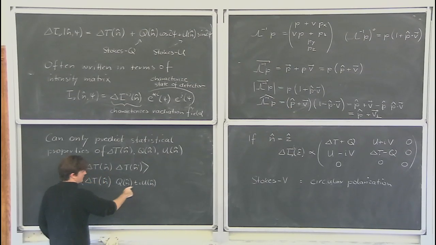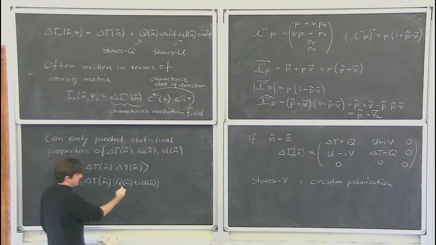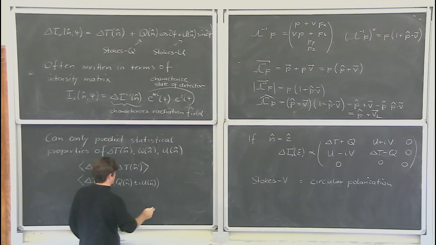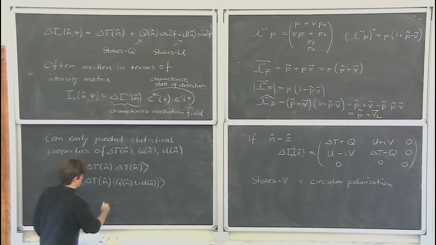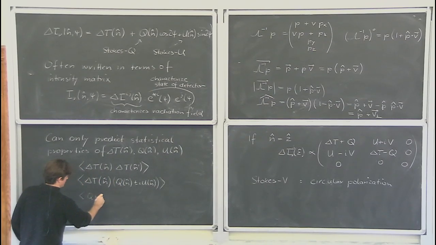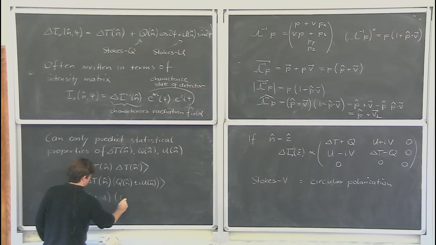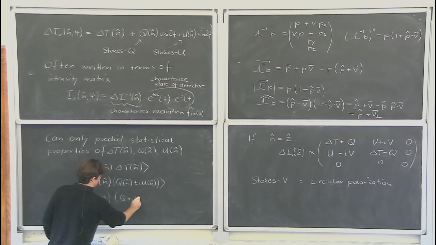The reason to write this combination is just that it has nice transformation properties under rotations. It transforms by e to the 2i times the rotation angle. And then similarly, you can look at correlations between Q plus minus iU and Q plus minus iU.